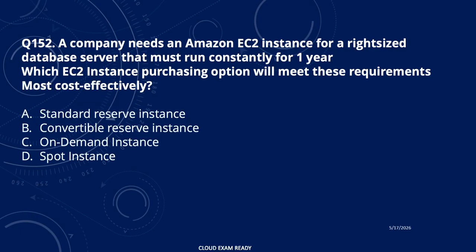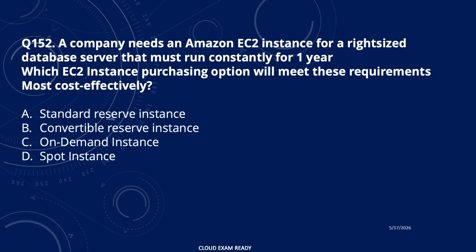Next, question number 152. A company needs an Amazon EC2 instance for a right-sized database server that must run consistently for 1 year. Which EC2 instance purchasing option will meet these requirements most cost effectively?